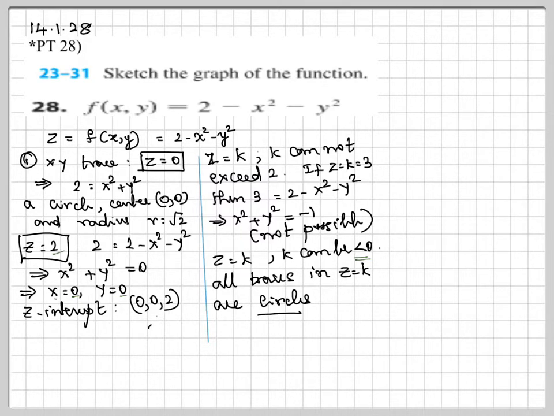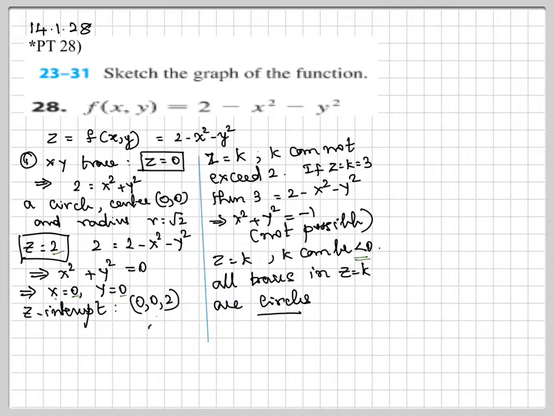So all traces in z equal to k are circles, but k cannot exceed 2. You can go to all values up to k equal to 2 on the positive side, and negative values of k are also okay. But k cannot exceed 2. We saw that as an example here.